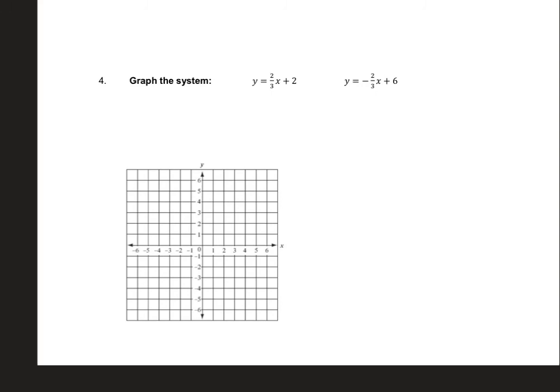All right. Let's look at this one. Green graph. My y-intercept, my B, I'm going up 2. My slope is 2 over 3, my rise over my run.